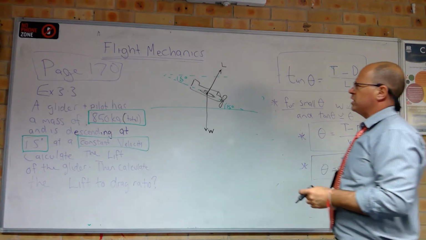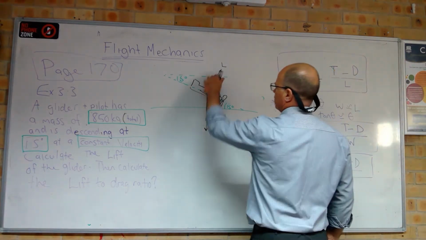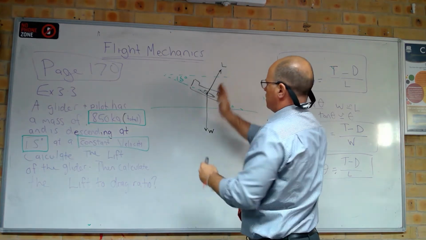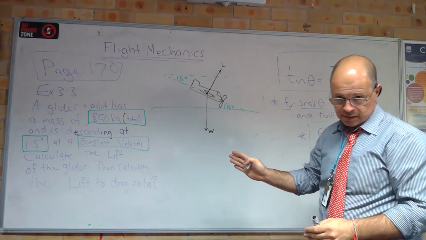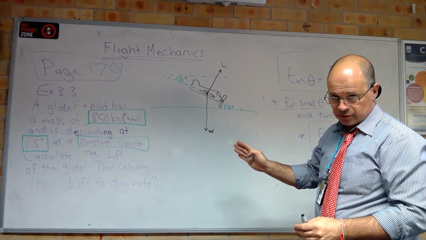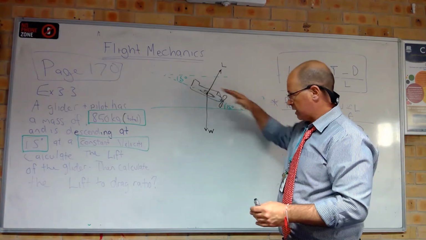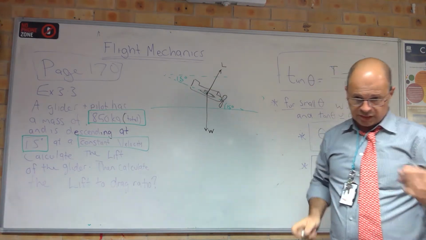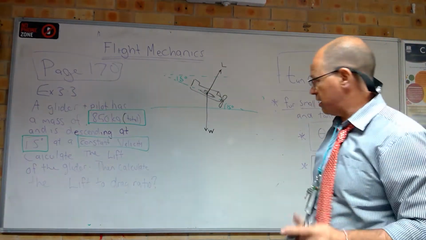Okay, so now we need to say to ourselves, well, our lift is going to have to be, because we know that the sum of forces perpendicular to the path is going to be equal to 0, and the sum of forces in line or parallel with the path is going to be equal to 0. We did that when we did our ascending aircraft, okay?